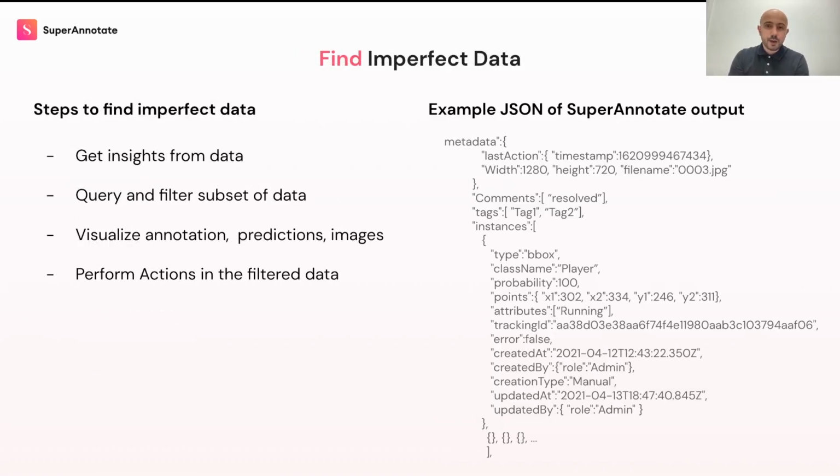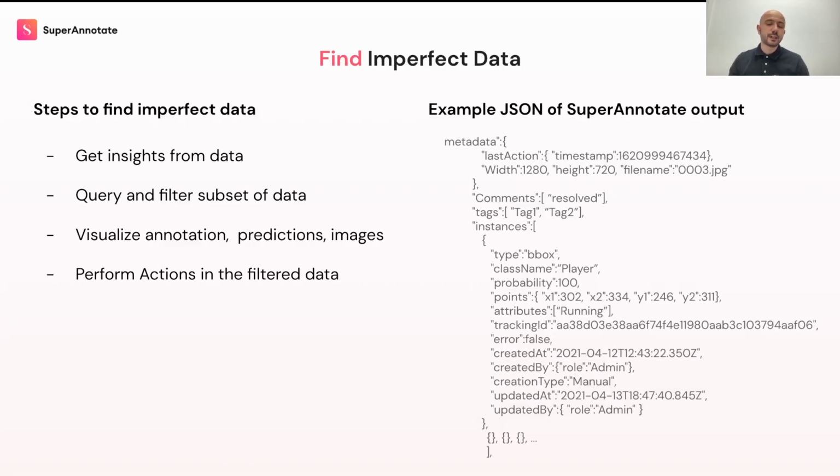So let's say you have a bias and now you need to find it in your imperfect data. Some of the steps to find those biases would be, at the beginning, to query and visualize your dataset and find the biases. Once you're visualizing the annotations, predictions and images on top of each other, you can perform actions which will really help to identify the bias and then correct it by doing bulk operations.